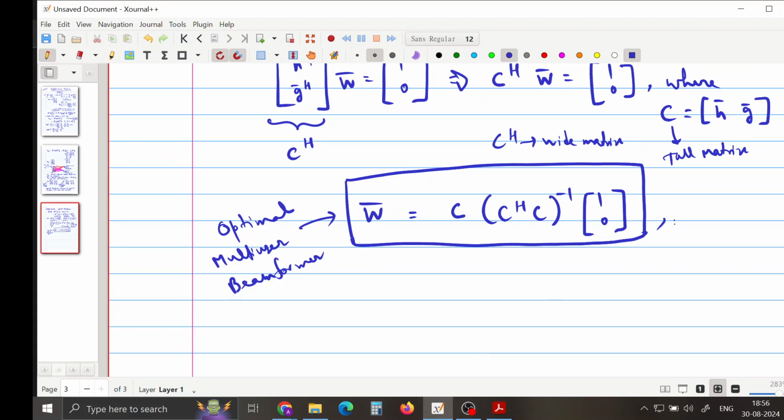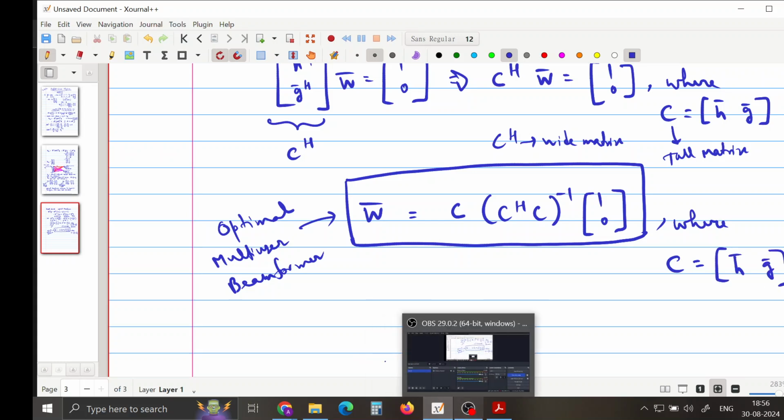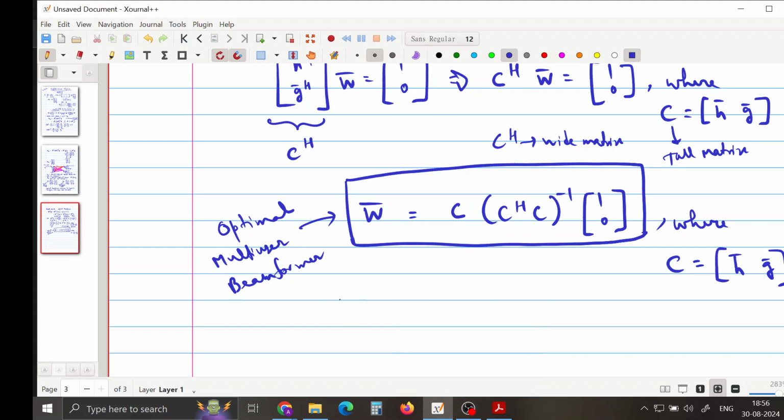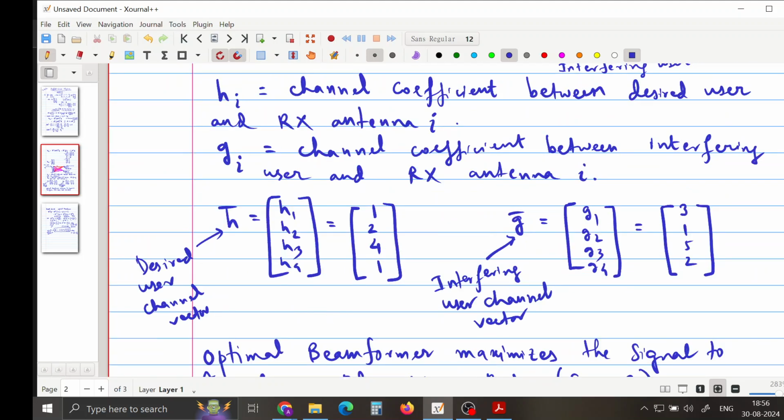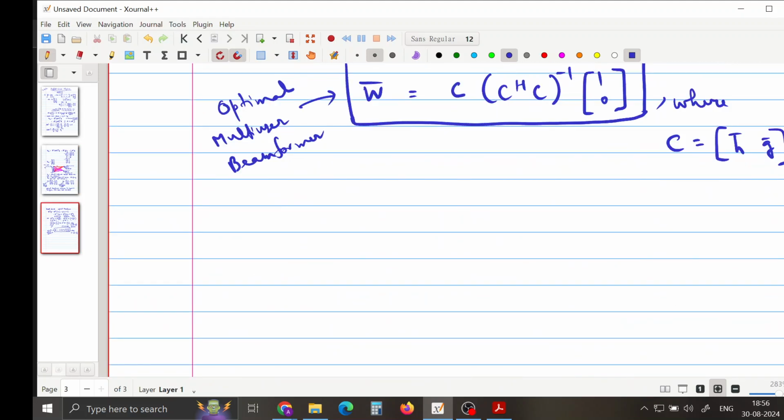Again, I'll write where my C is nothing but this matrix H bar G bar. Now in our question we have everything. The H bar and G bar are given, these two vectors, so I can form the matrix C using H bar and G bar. What will it look like? H bar is nothing but 1 2 4 1, and G bar is nothing but 3 1 5 2.